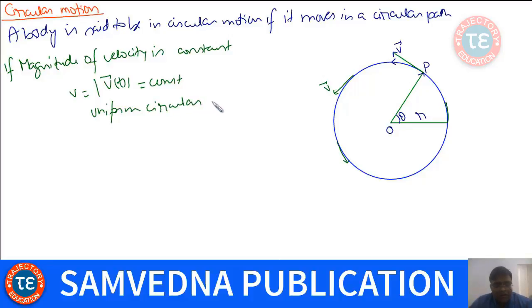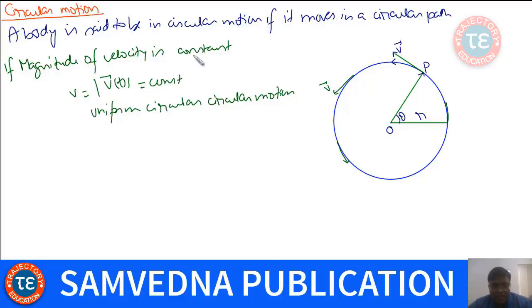Then it is called uniform circular motion. Get your point? Is it alright?